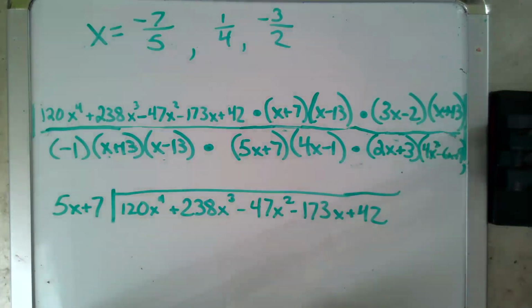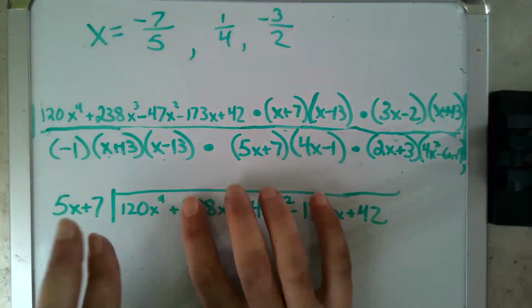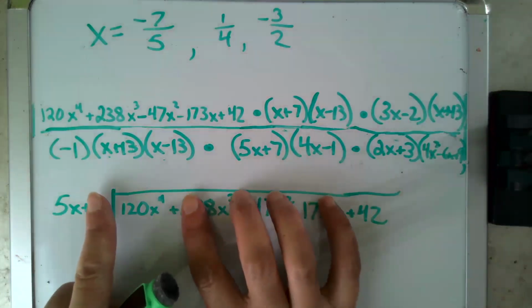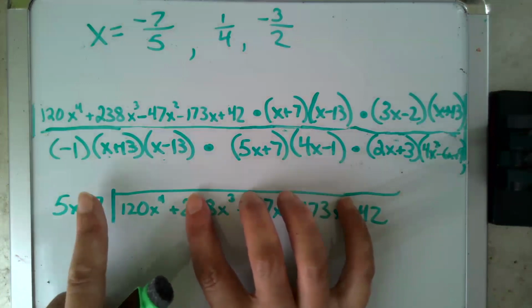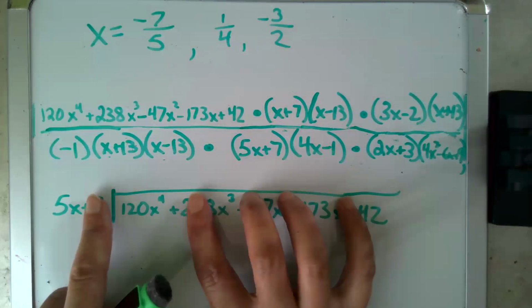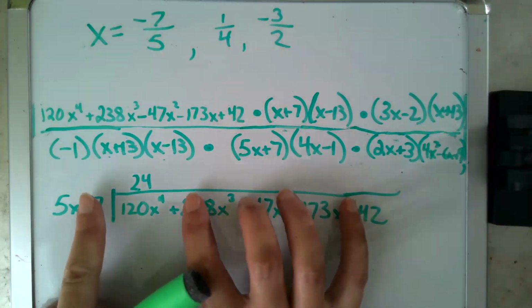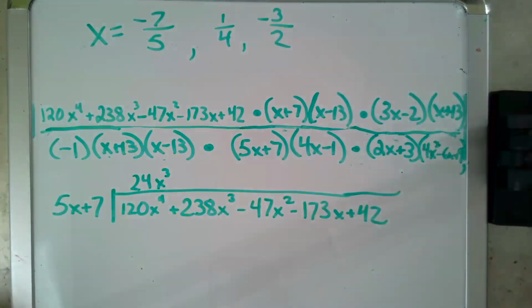Otherwise, here we go. We cover everything up but the first term and the first term, and we go 5x divides into 120x to the fourth how many times? 5 divides into 120 24 times, and x divides into x to the fourth, x to the third times.